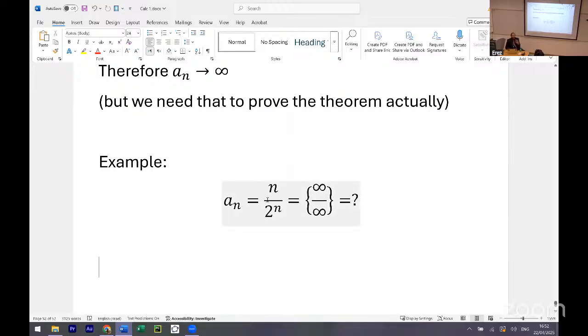No, that's not what I wanted to say. If we take the sequence n and the sequence 2 to the n, and divide them. n plus one is smaller than two to the power of n plus one, and that's basically induction.